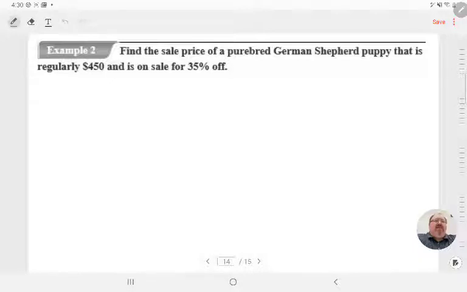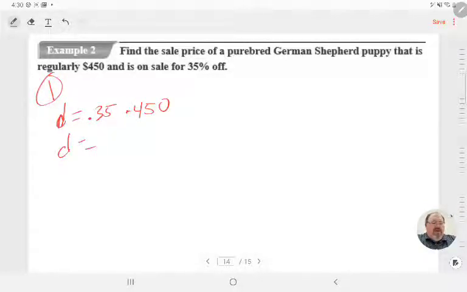So this one says, find the sale price of a purebred German Shepherd puppy that is regularly $450 and is on sale for 35% off. So the first method, we could find the discount by saying 0.35 times 450, and that would give me the discount amount of $157.50.